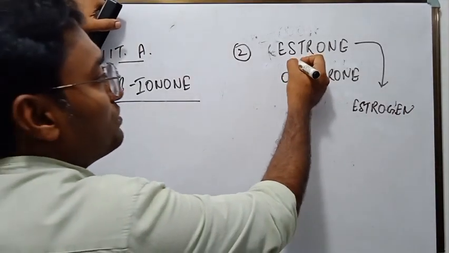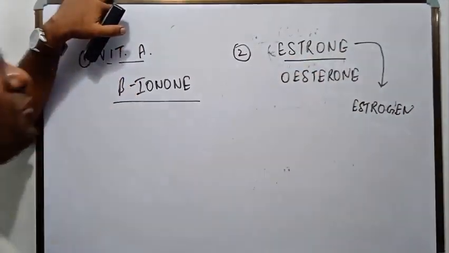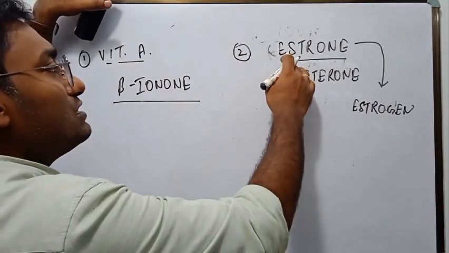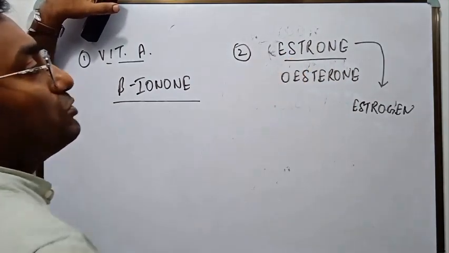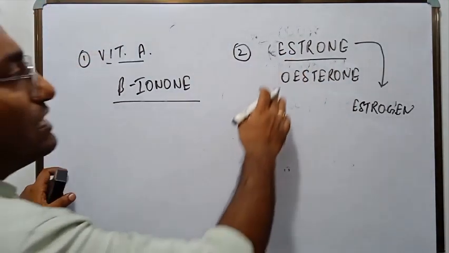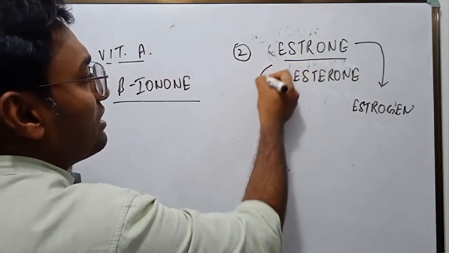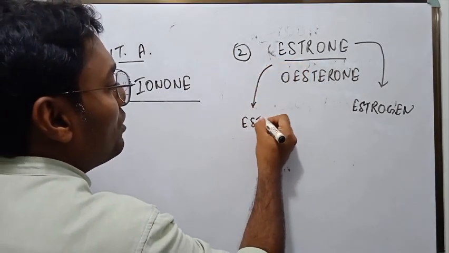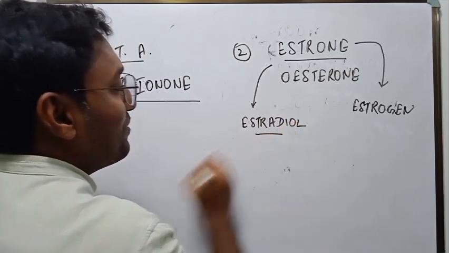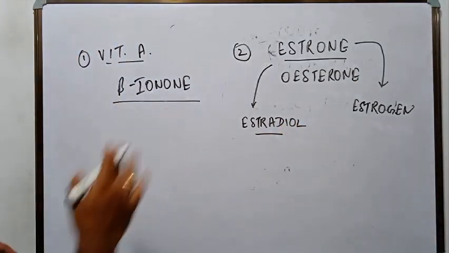Estrone is the mildest among all, the mildest female hormone. So it is given as injection in postmenopausal women. Also, you can convert it into estradiol through chemical reaction, which is more potent. So you can prepare estrone using this reaction.